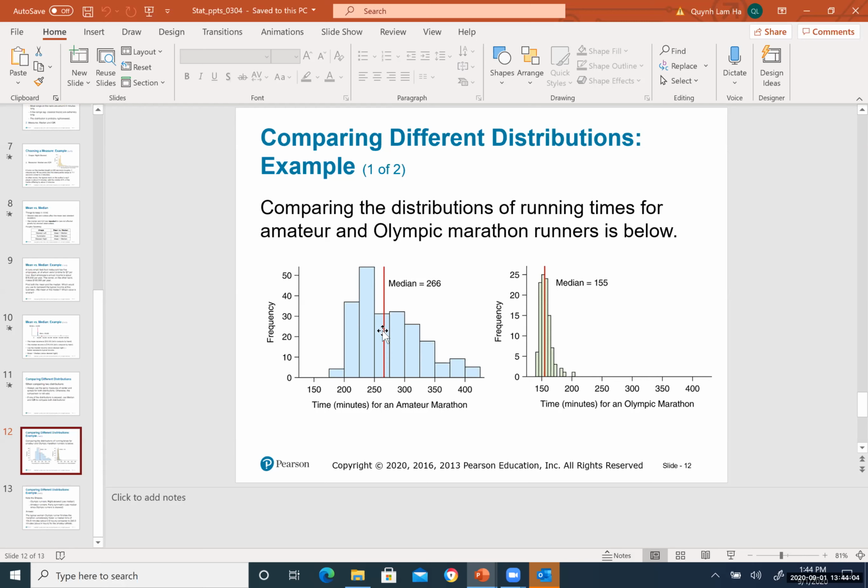So compared to this blue and green color, the thin one runs faster. And the median for the blue one is 266, which is more time compared to the median of 155, right?